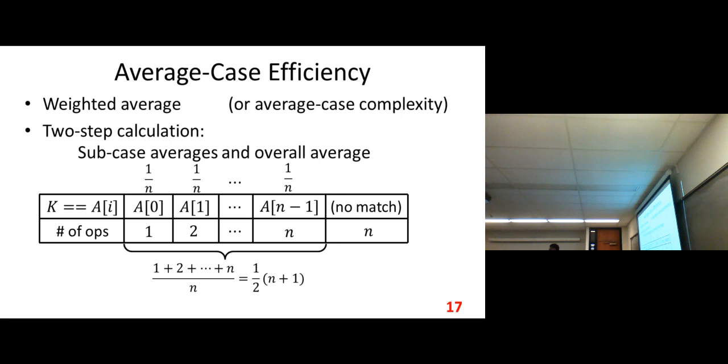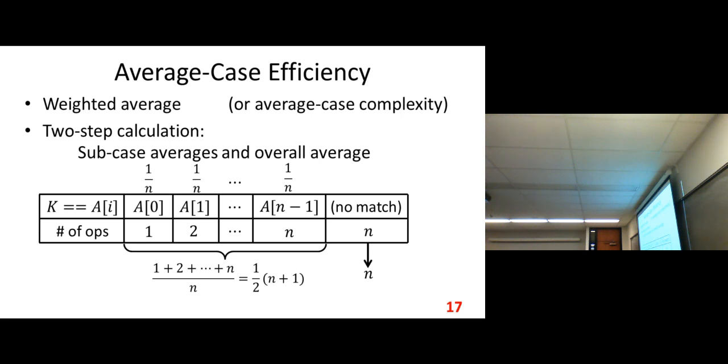What is the average for the second subcase? Only one case. So the average is the same as the number for this case. Now you have the answers for two subcases.